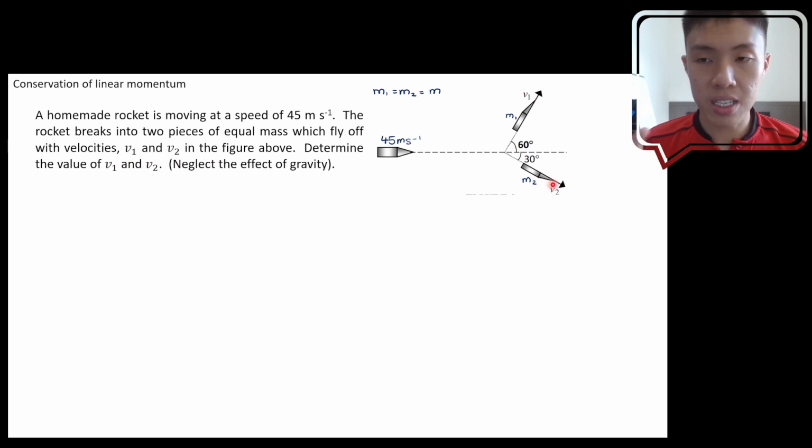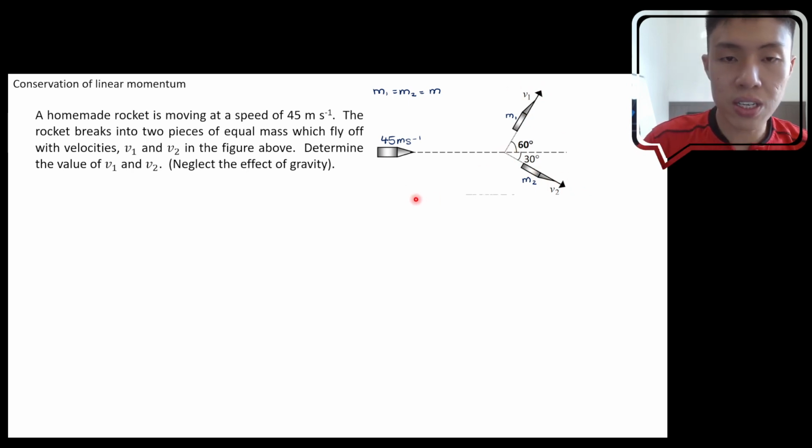Well, this is a typical principle of conservation of linear momentum question, because initially you have two bodies connected together. M1 and M2 connected together, they become one single body moving at a certain velocity. Then after that, this is called an explosion. So explosion occurs. That's why M1 moves in one direction with a certain speed, M2 moving in another direction with another speed. Okay, so let's try to determine V1 and V2 right now.